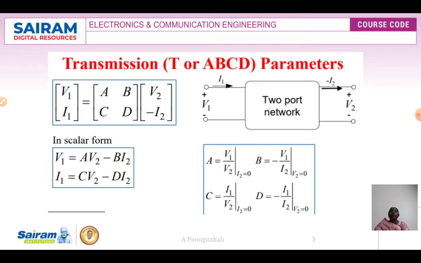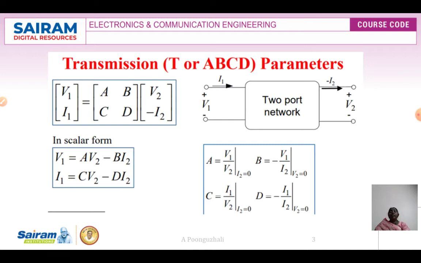Now we want to find A. To find A, I2 should be 0. I2 equal to 0 means A is equal to V1 by V2, with the current being 0, which means open circuit. So it is the input voltage divided by the output voltage, the reverse voltage gain. We call A the open circuit reverse voltage gain.